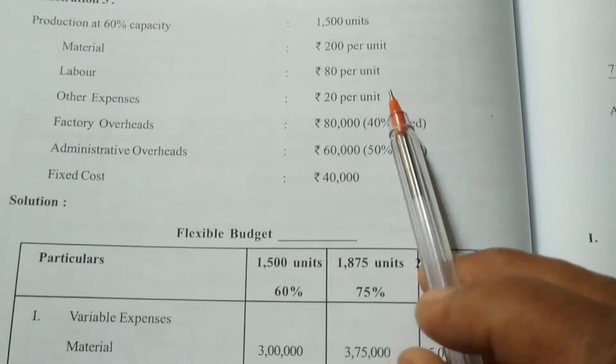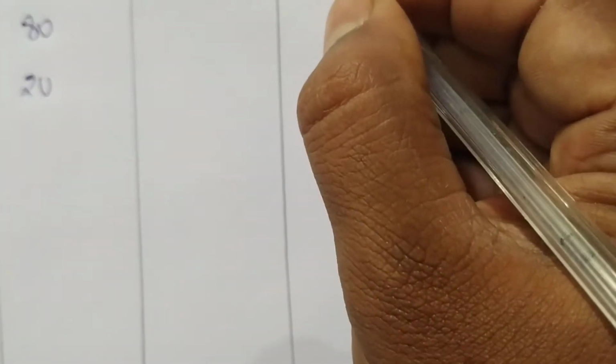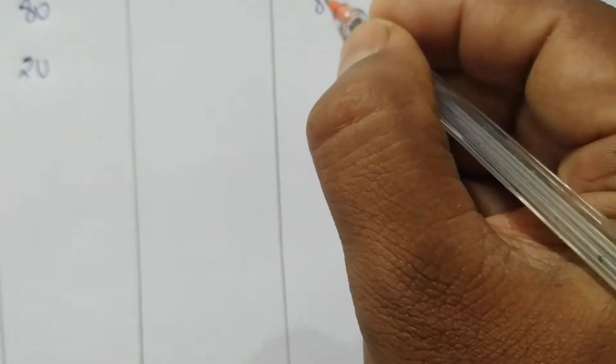So material is how much? 200, 80 and 20. We can write per unit. We know variable expenses per unit remain the same, so here also we write 200, 80 and 20, and here also 200, 80 and 20.